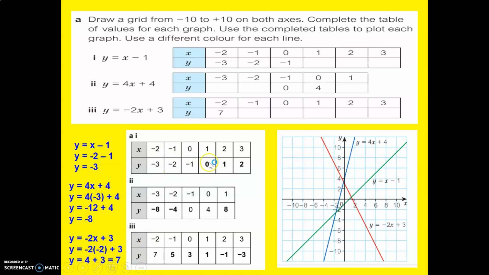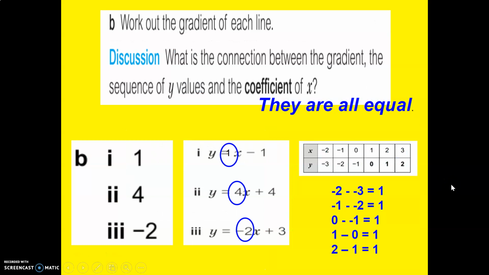Plotting the points on the coordinate plane, y equals x minus 1 is our green line. Y equals 4x plus 4 is our blue line. And y equals -2x plus 3 is our red line. Now, work out the gradient of each line. Our first equation is y equals x minus 1. If it is x, it is said to have a numerical coefficient of 1.